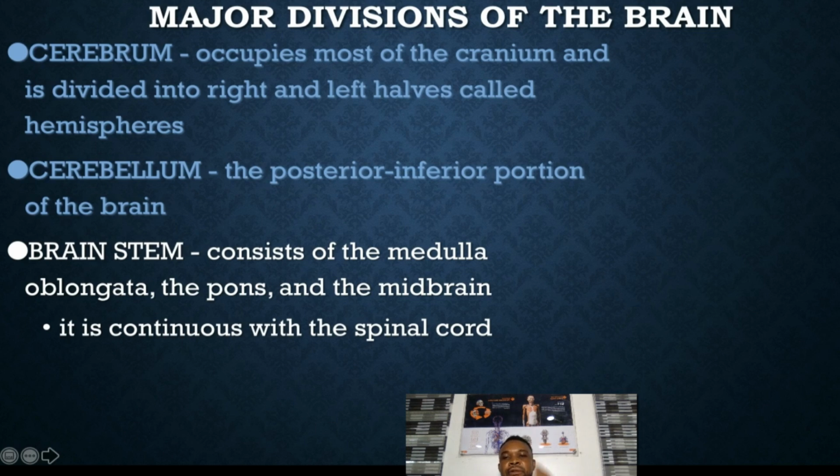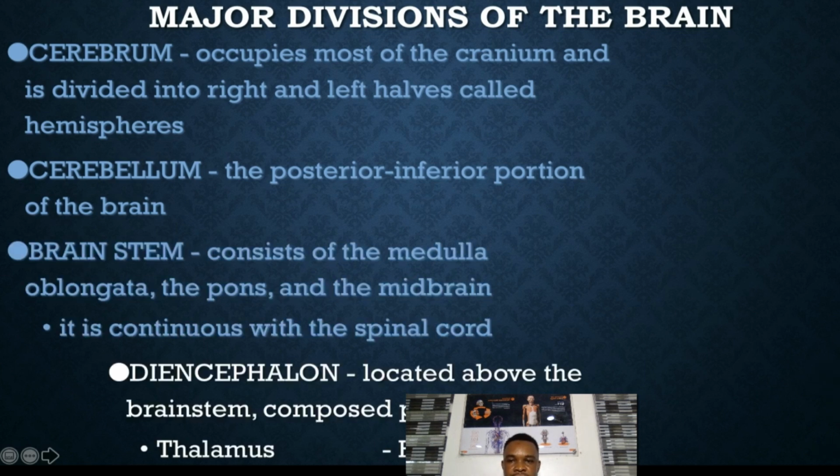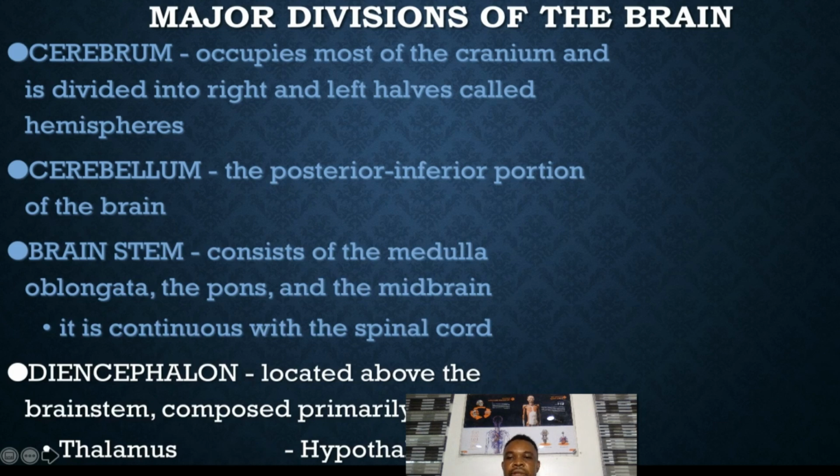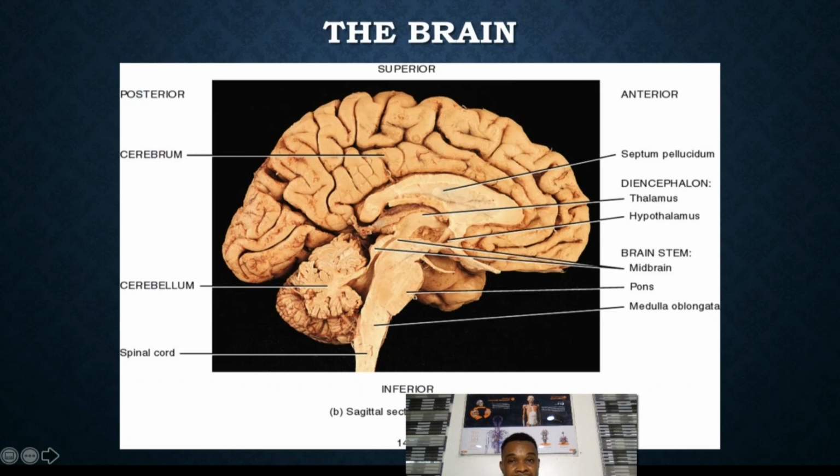It is from the medulla oblongata that the brain continues downward as it passes through the foramen magnum to become the spinal cord. The diencephalon, of course, is part of the classification we talked about before. It is located above the midbrain, and comprises the thalamus, epithalamus, and the hypothalamus.